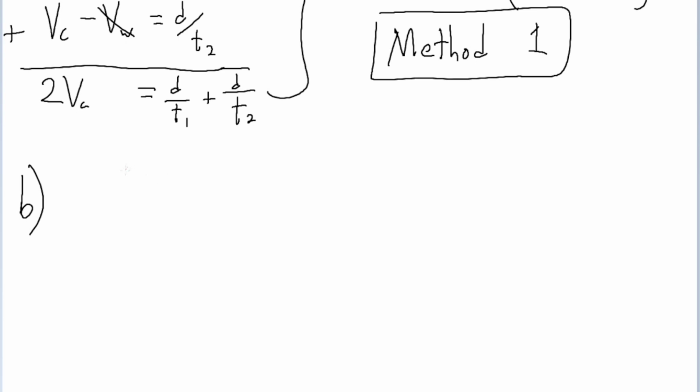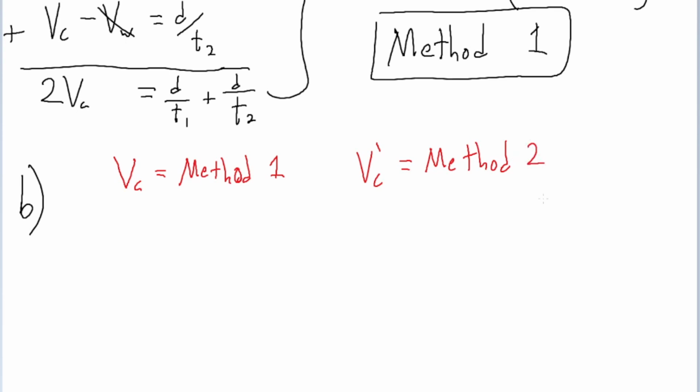So just to define some variables real quick, let's say that v sub c is the variable that represents the answer we'd get from method 1, which we just established is the more correct method to use. And let's define another variable, v sub c prime, which refers to whatever answer we'd get if we used method 2.